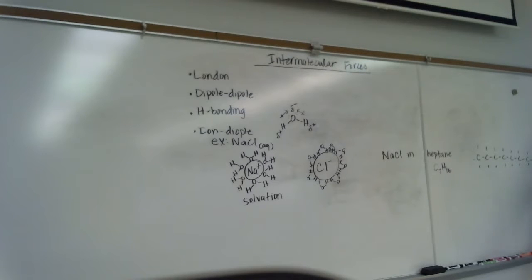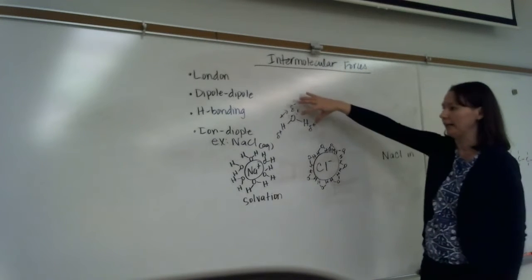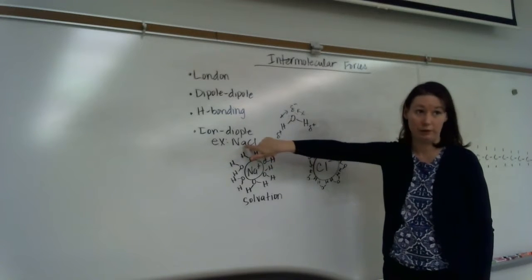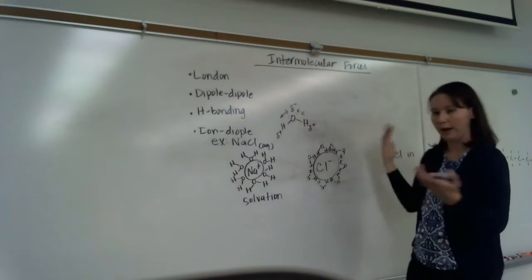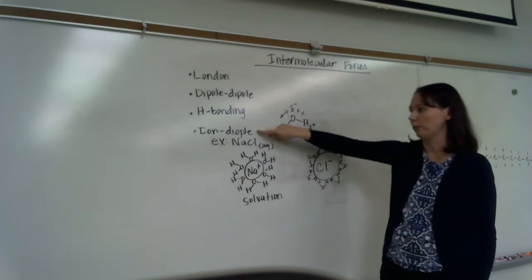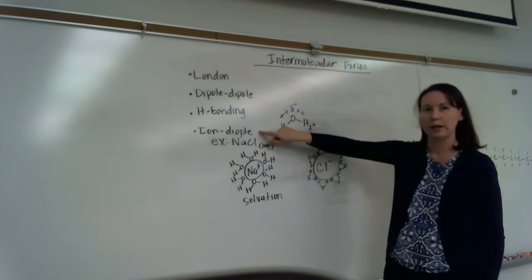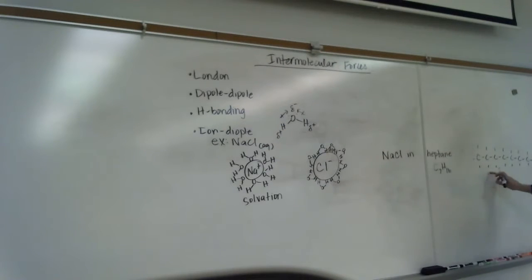Why would NaCl not dissolve in heptane? Nonpolar, right. The intermolecular forces must match. They must be compatible with each other for a dissolving to occur. This is highly, highly, highly polar, right? This is an ionic compound, so it's very, very polar as well. Polar, polar, IMFs match. The ion dipole intermolecular force is what drives this to occur. Solvation occurs because of the ion dipole IMF. No dissolving occurs here because this only has London forces, right?